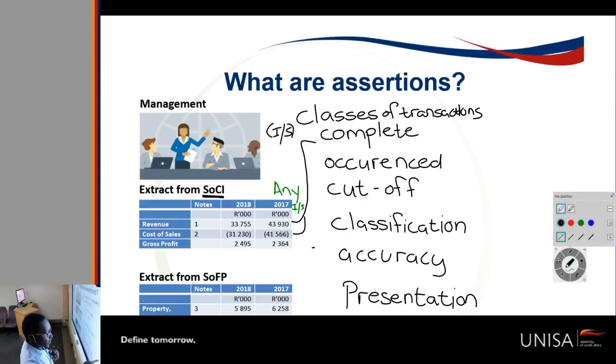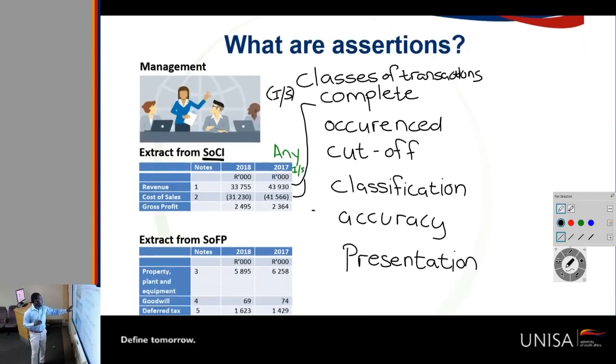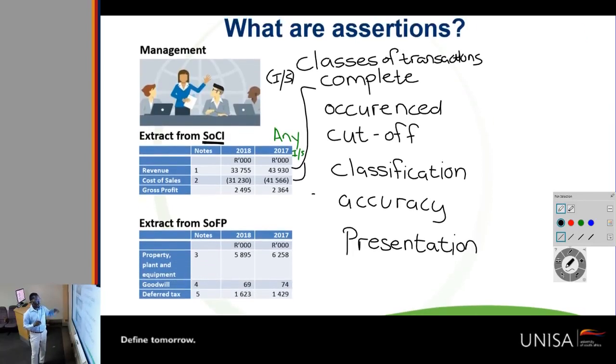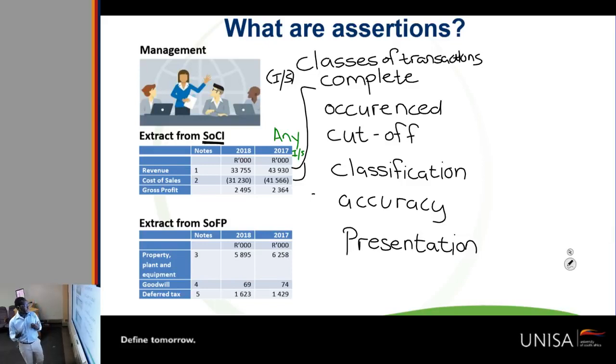Those are not the only assertions made by management. We also have our statement of financial position, also known as our balance sheet, and management makes assertions about those as well. For example, our property, plant, and equipment.